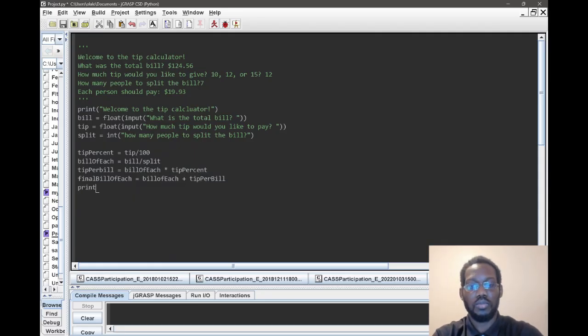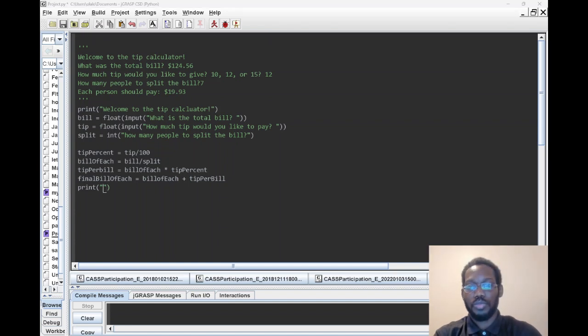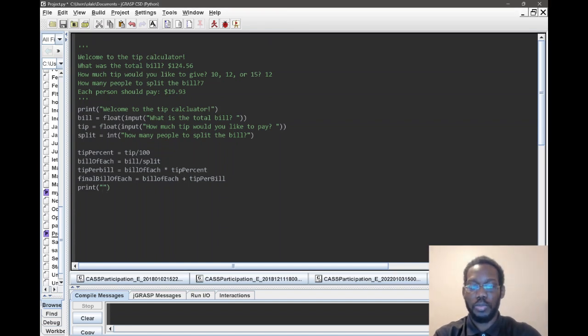So we'll have the final print statement. Each person should pay, we will use an F string for this because we can't concatenate a string with an integer or a float.